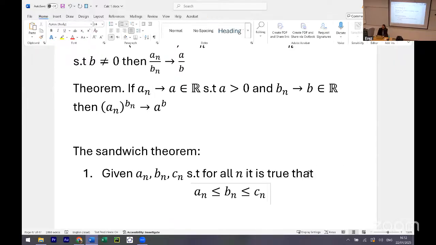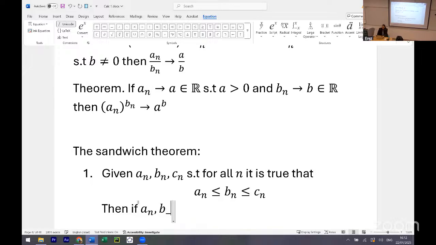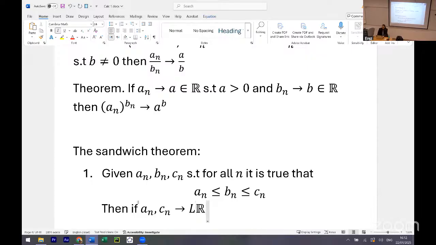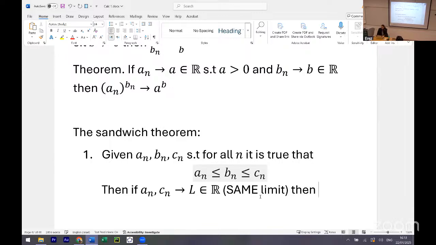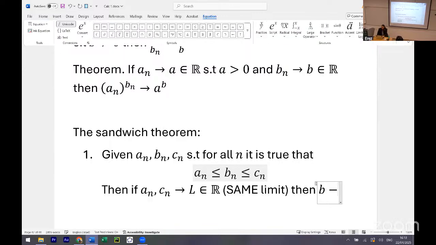Then if AN and CN both tend to the same limit L, same limit, because if AN tends to 1 and CN tends to 5, then BN could rock back and forth between the two. Then BN also tends to L.